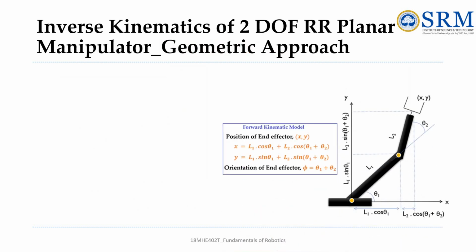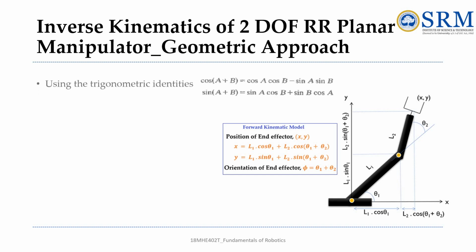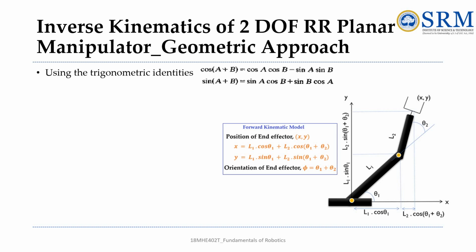So we have seen this by the geometric approach, and the same thing we have seen in forward kinematics as position and orientation of the end effector. How will you prove whether the solution we have got in inverse kinematics is right or not? For finding that, for the forward kinematic model, you just apply trigonometric identities.